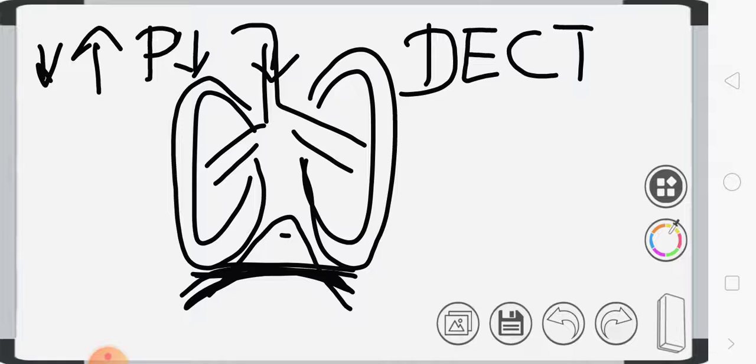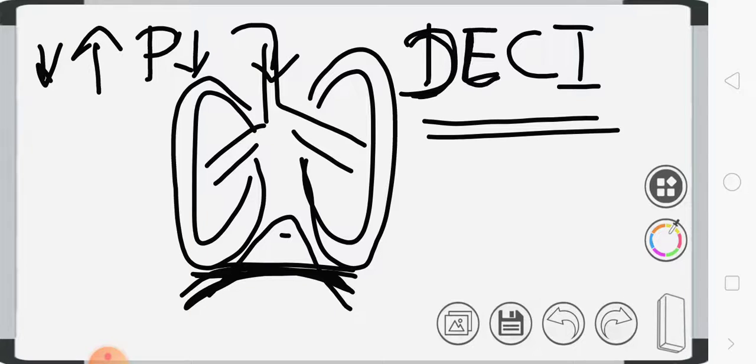Here I've just written a mnemonic for you all, DESI, which is usually used for inhalation. D is for diaphragm, E for external intercostal muscles. When they contract, what happens? Inhalation happens, DESI. But you need to add on the fillers. What are the fillers?